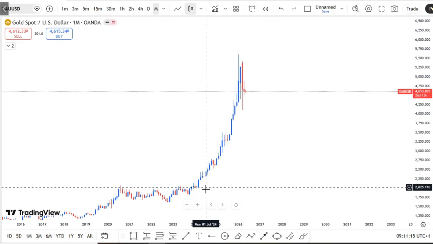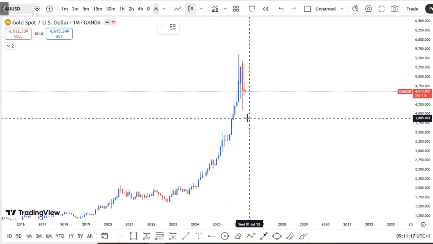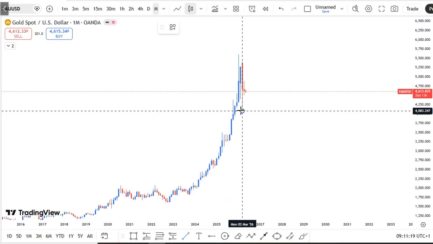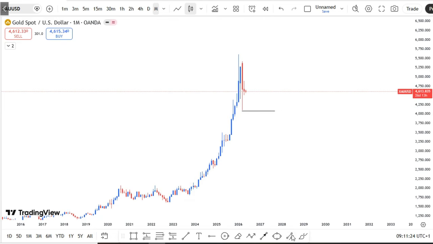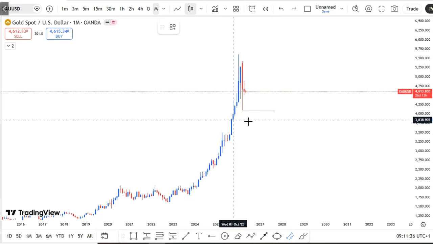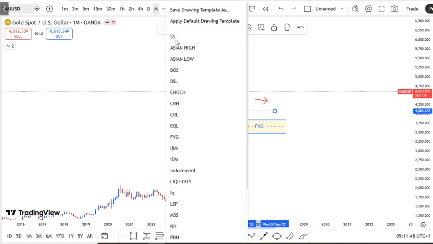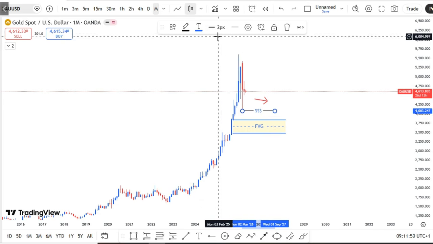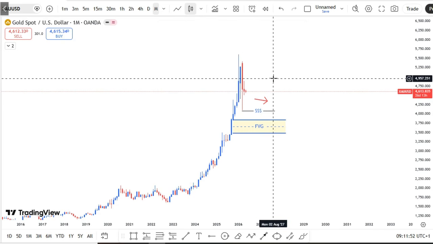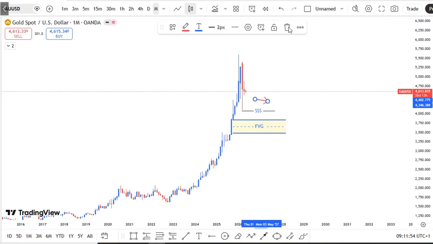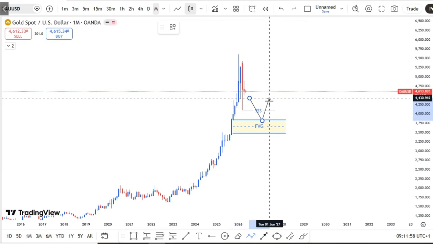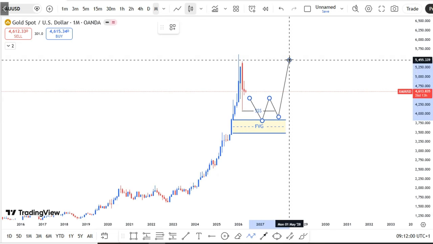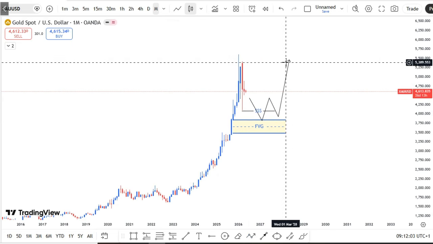And looking at this, I see a possibility for gold to keep dropping, possibly into this fair value gap. This is a draw on liquidity on the monthly time frame. So it's possible we have this before pushing back to the upside on the Monday time frame.